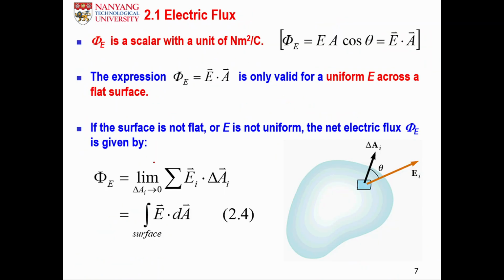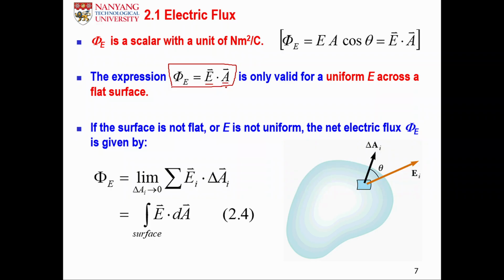Right. And of course, this simple formula is valid. If you want to use this formula directly to calculate this Φ_E, that means both E and A should be uniform. If not, if one of them is not uniform, then you cannot use it directly.